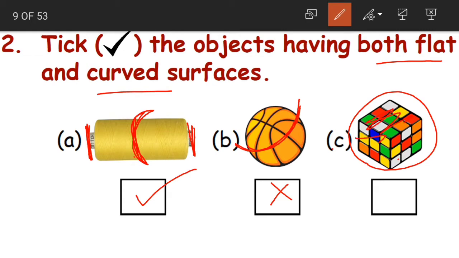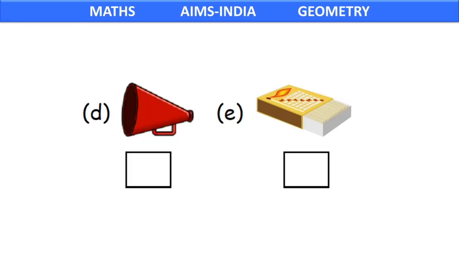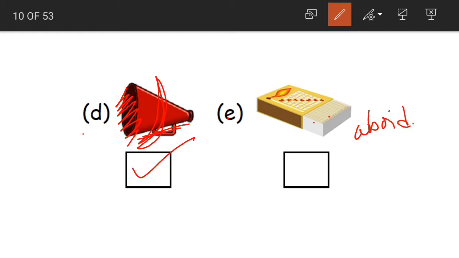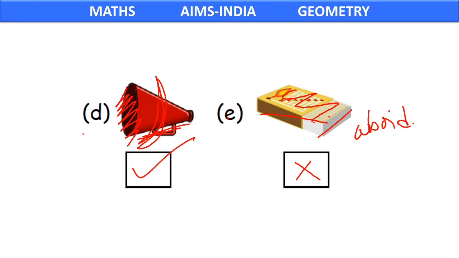Rubik's cube has all flat surfaces, so it is also wrong. Coming to D, this is a mic or a speaker, children. It has a curved surface and also a flat surface. So yes, it has both. And coming to E, it is a matchbox in the shape of a cuboid. It has all flat surfaces, so it is wrong.